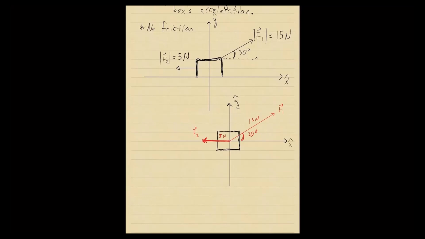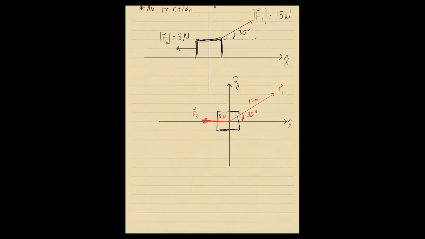Okay, so this makes it a little clearer because now we can just decompose our two vectors, F1 and F2, into their x and y components. So to begin with, F1 is equal to some amount in the x direction, but we know how to find the x component of F1, right? Drop a right triangle like that.